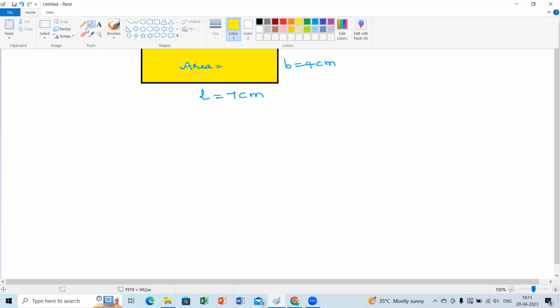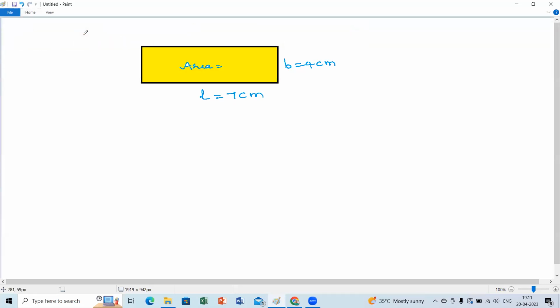So how can you calculate the area? Ma'am, by perimeter. By multiplying length with breadth. How do you calculate perimeter? By adding all sides, you calculate the perimeter.